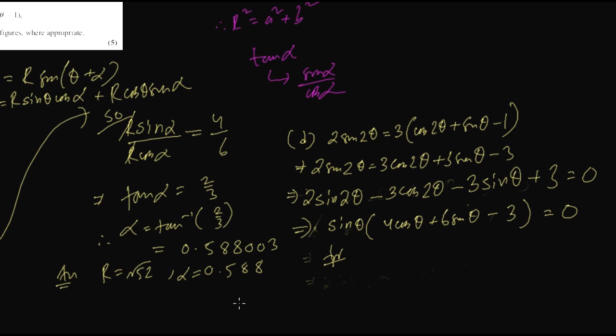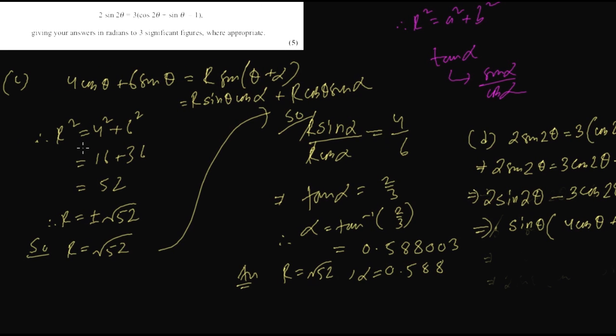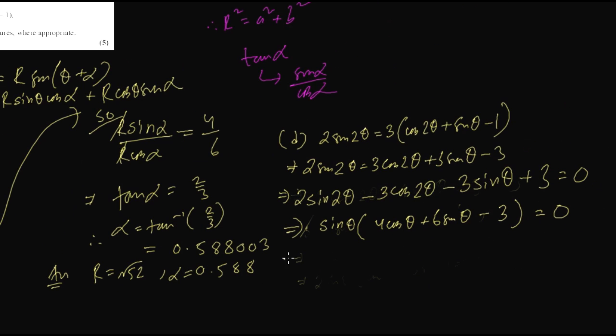As a matter of fact, we can even break it down further, because in the previous sum we expressed this little thing as r sine theta plus alpha, which we already did. So we can even write sine theta, and instead of 4 cos theta plus 6 sine theta, we can write r, which is root 52, sine theta plus alpha, where alpha is 0.588, minus 3 equals to 0. So we can even write that.